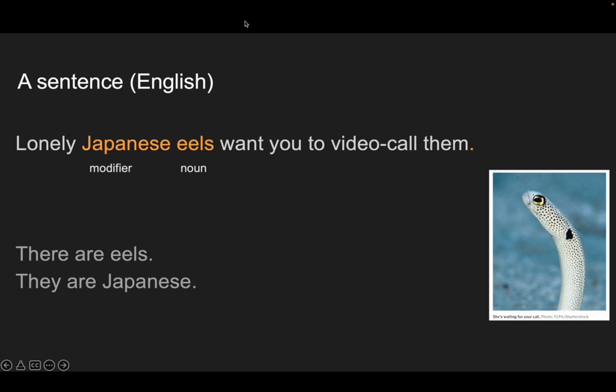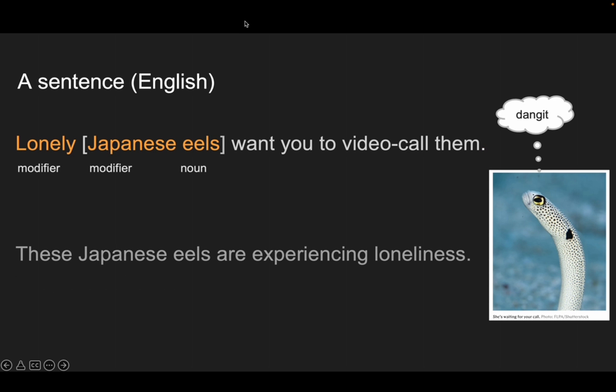All right. Now we can work our way out from that little phrase. So a phrase, a unit that's containing at least one word and maybe more, and the words in it are working together somehow. So Japanese eels, that's a phrase, and it's got another modifier, lonely.